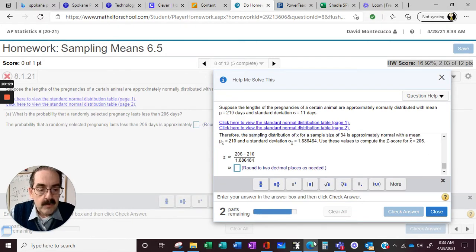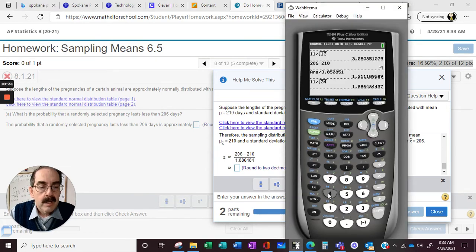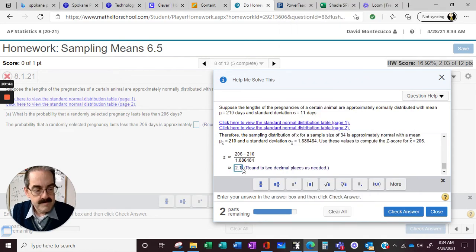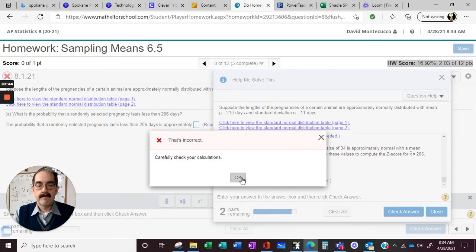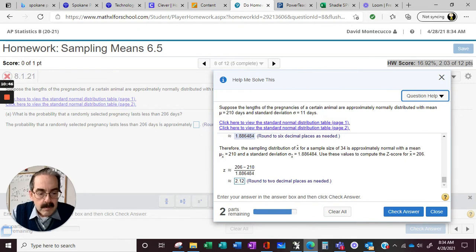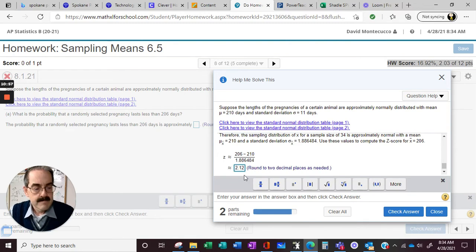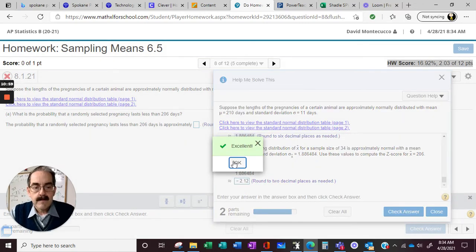So what do we got? 4 divided by 1.88648, negative.